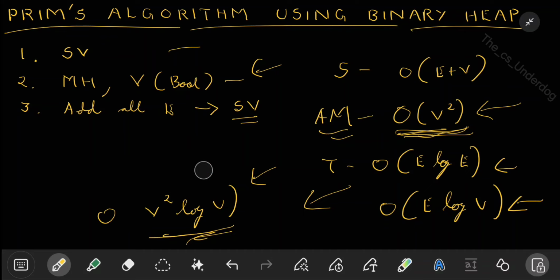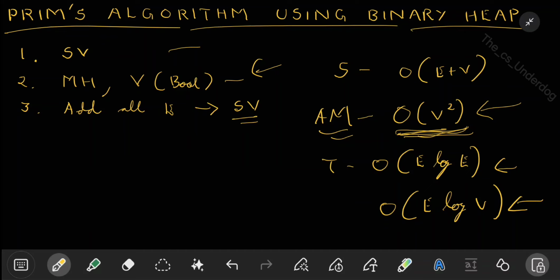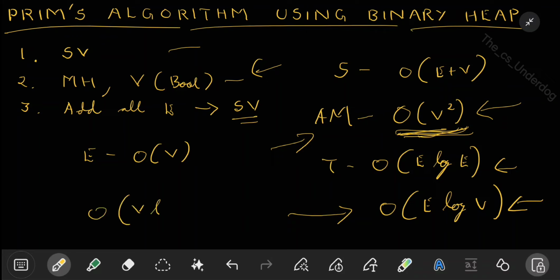But in case you have a sparse graph, E will be order of V, that is, the number of edges will be comparable to the number of vertices. In such cases, adjacency matrix representation time complexity will remain order of V square, but with adjacency list representation, if you use a binary heap data structure, then time complexity will be order of V log V. Why is it V log V?